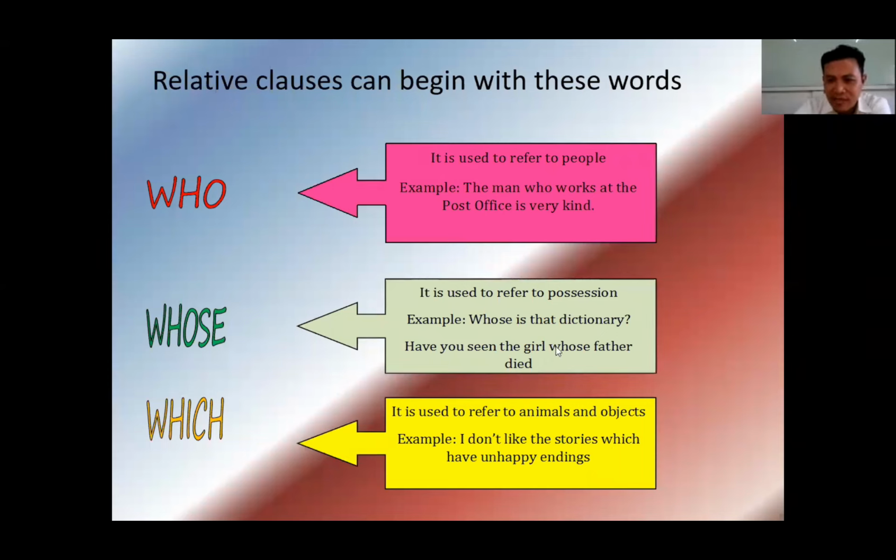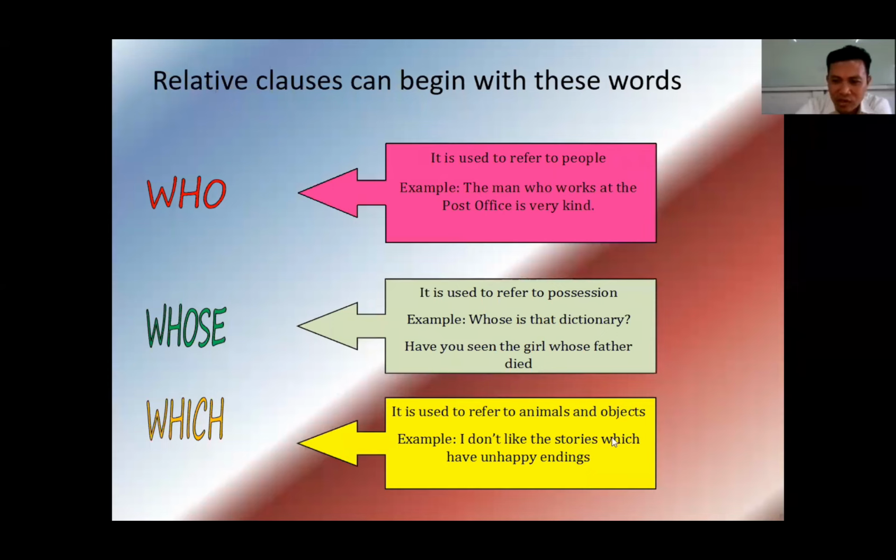You can see the difference when we use whose as possession and who as people referring to a subject. After whose is followed by a noun, but here after which is not followed by a noun. It can be a modal or a verb.